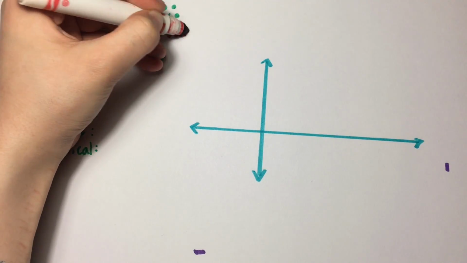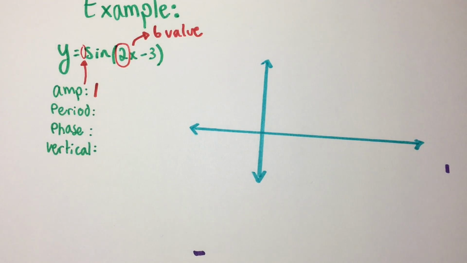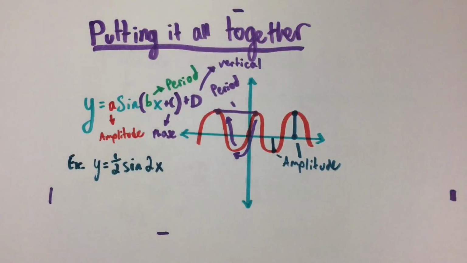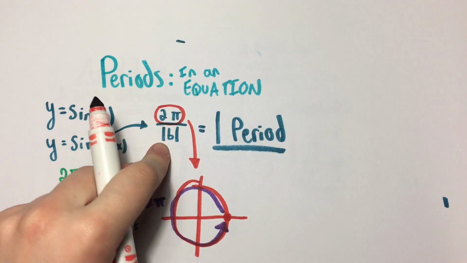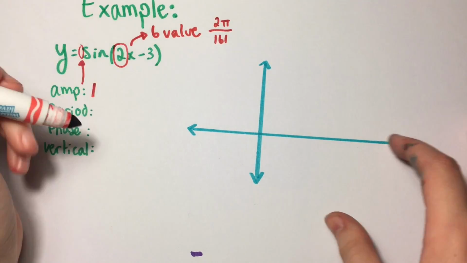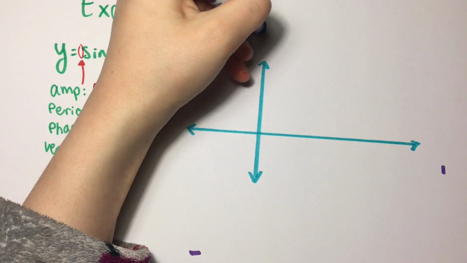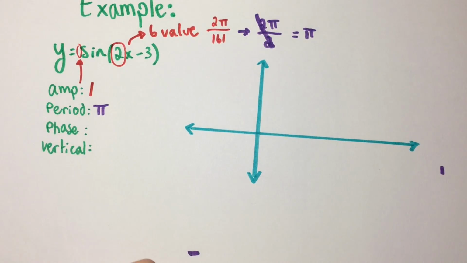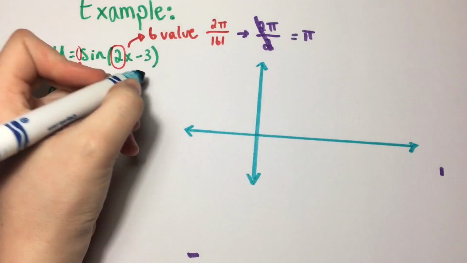For period, it's a little bit more complicated. We take our b value, and if you remember from before, and we'll go back, the period is 2 pi divided by the absolute value of b. So we're going to do that, and in this case, b is 2. So the 2's cancel out on top and bottom, and our period is simply pi.